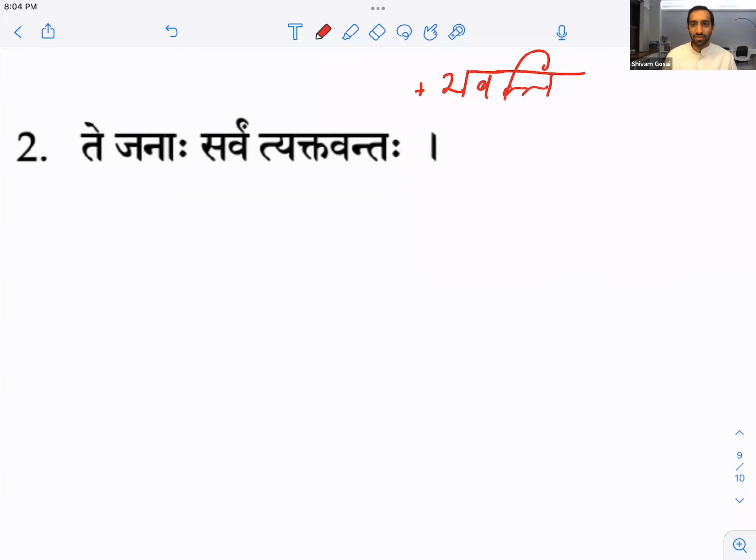You can add asatu or bhavatu, but we're adding bhavanti here. So bhavanti, prathama purusha, bahuvachana. Okay. Now, because of the time, I'm just going to go through this and hopefully you can let me know if you have questions.